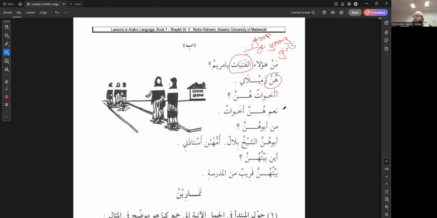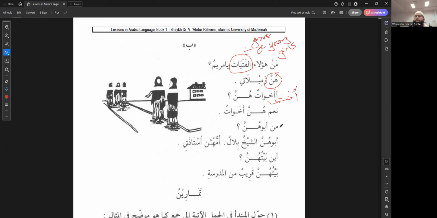Akhawatun, are they sisters? Is a question. Then akhawat, sisters. Akhawat is a plural of ukht. Hunna, are they sisters? Meaning, though they amongst themselves, are they all sisters?